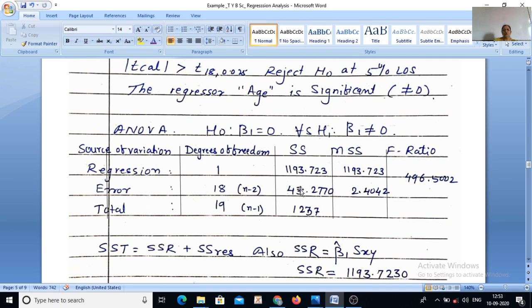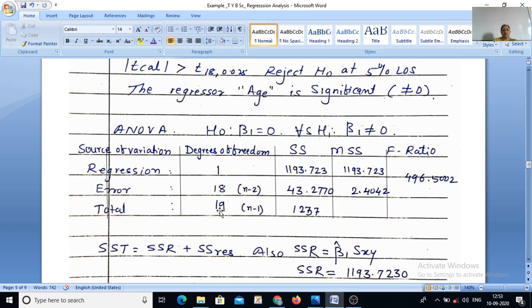That means two parameters or two regression coefficients, beta naught cap and beta 1 cap, are estimated using the same sample quantities, and therefore 2 degrees of freedom are reduced here. Therefore here we have n-2, and this is the total sum of squares. If you add these two, 1 plus n-2, that gives rise to n-1.